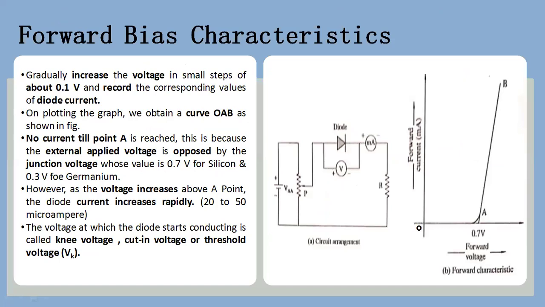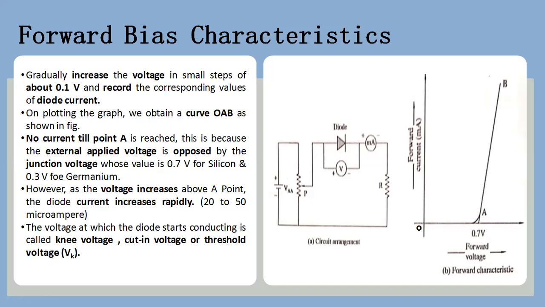To get the forward bias characteristics, the first step is we need to connect the circuit as shown over here. Here you can see that initially the diode is connected in forward bias, that is, the positive of the diode is connected with the positive terminal of the battery and the negative of the diode is connected with the negative terminal of the battery.